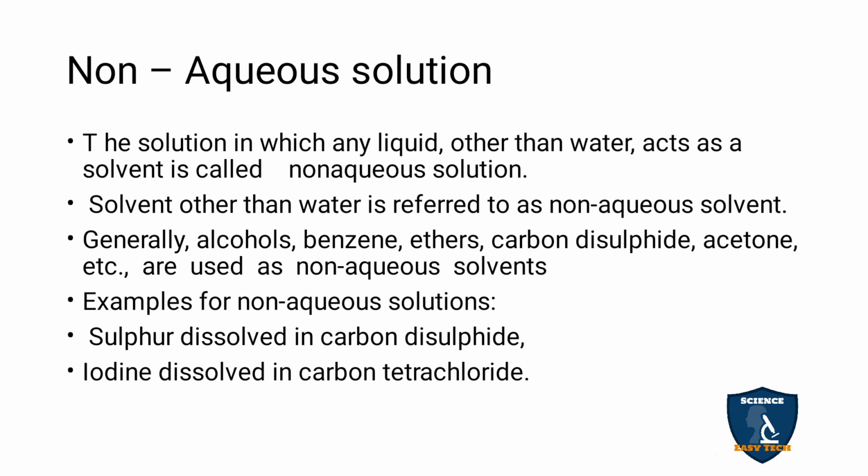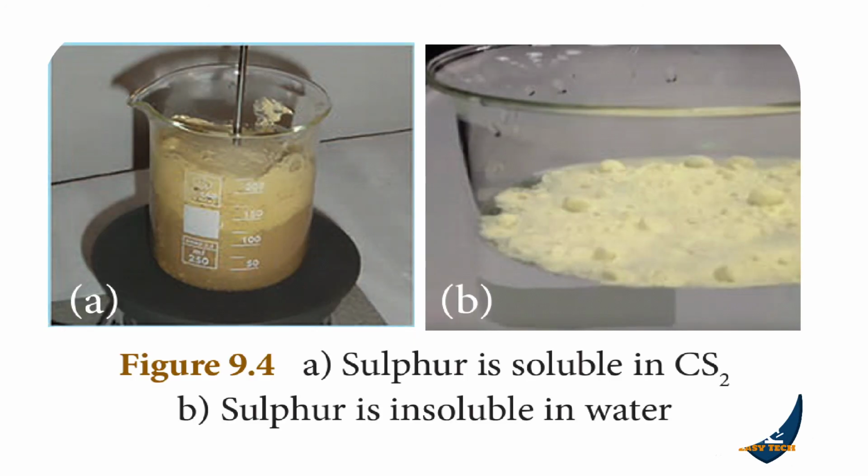Non-aqueous solution: here they don't use water. Instead they use other liquids like alcohols, benzene, ether, carbon disulfide and acetone. These are non-aqueous solvents because they don't use water. Examples are sulfur dissolved in carbon disulfide and iodine dissolved in carbon tetrachloride. In the picture given, sulfur is dissolved in carbon disulfide.